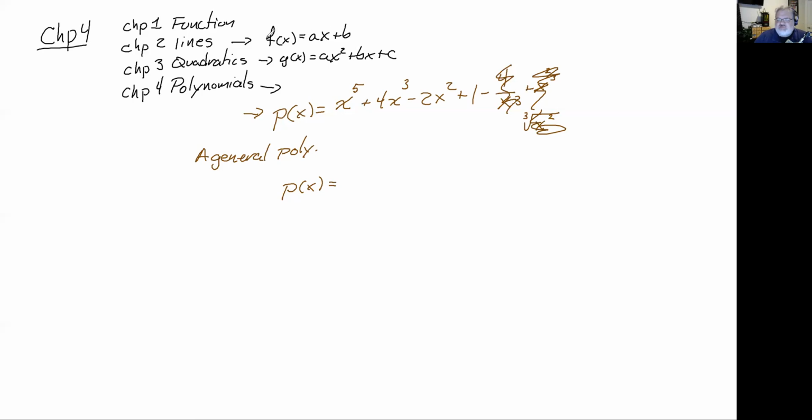For lines, often we use m and b just because of the slope. But a, b, and then a, b, c, you can imagine if we went to a third power polynomial, we could use a, b, c, d. But as soon as we get much larger than that, that starts becoming problematic because we start wanting to use letters like a, b, c, d, e.